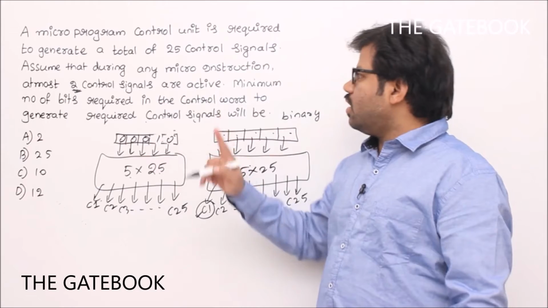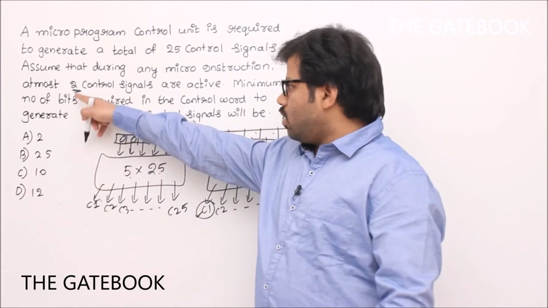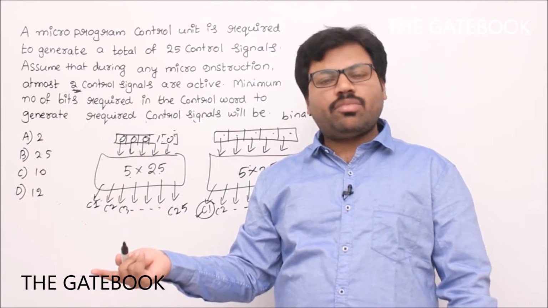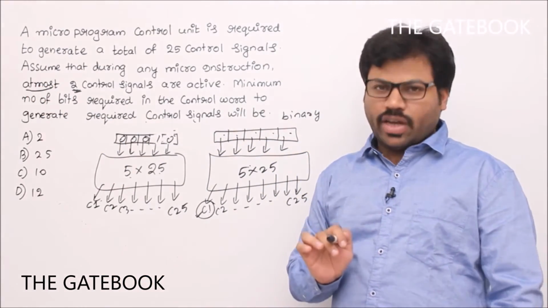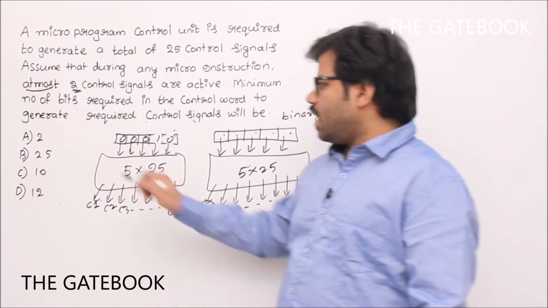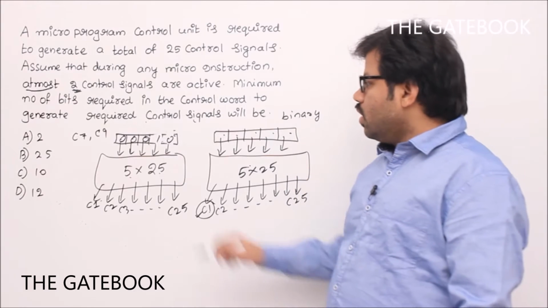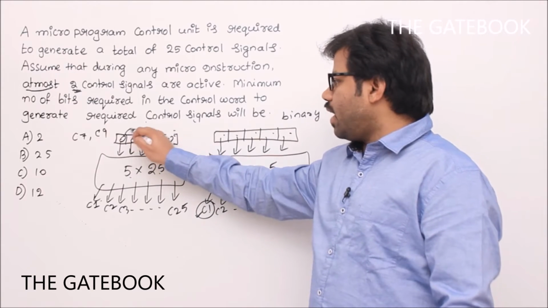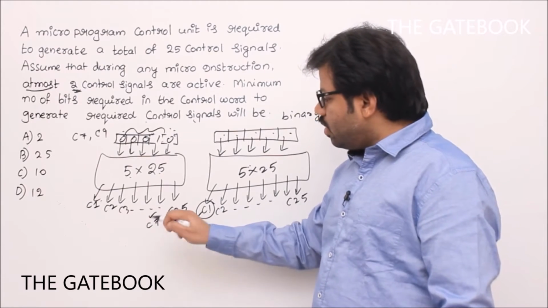Now what is our question? We have a requirement that sometimes we have to enable two control signals, sometimes 1, sometimes 0, because at most 2. Now I will tell you. For example, you want to enable C7 and C9. Using this set, plan a binary pattern in such a way that C7 will be enabled.